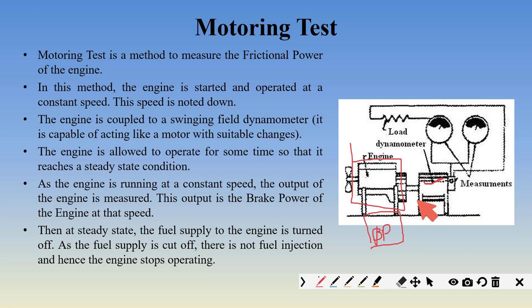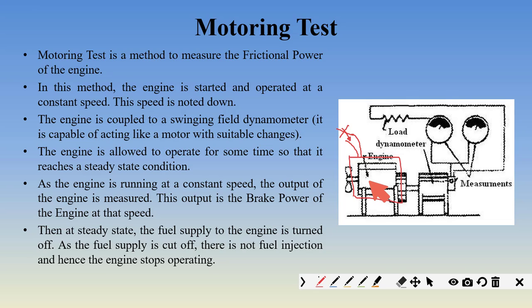Now next, we have to find out the friction power of the engine. So what do we do? We turn off the fuel supply to the engine. Whatever fuel supply was coming into the engine, we stop that. Because of that, as soon as the fuel supply to the engine is stopped, is the engine going to produce any power?